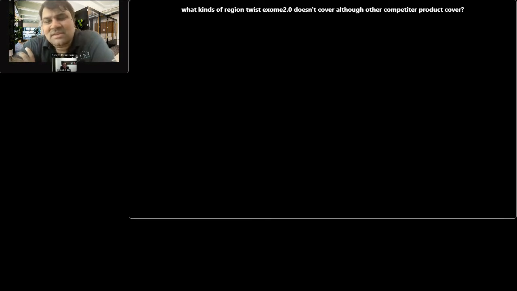As I said, if a particular gene or region is not there in the 150 citations or 7 genes registry, then probably we might not have given importance to it, especially for the off-target regions. But apart from that, the coverage is very comprehensive when you compare it with the other competitive products out there. Right.